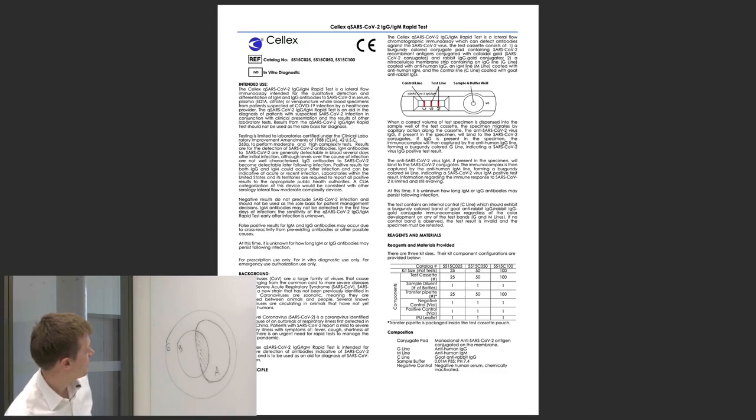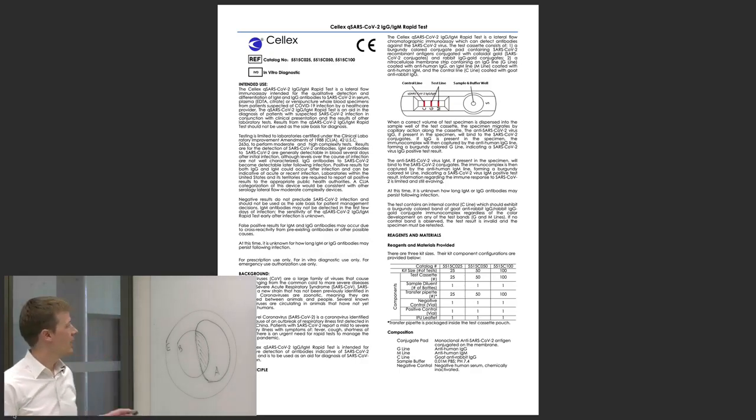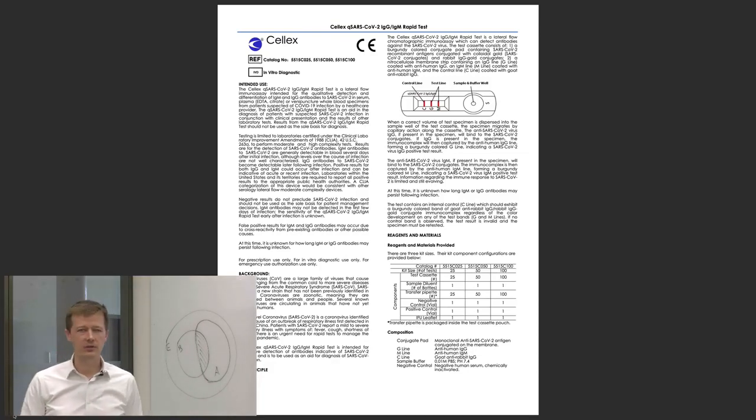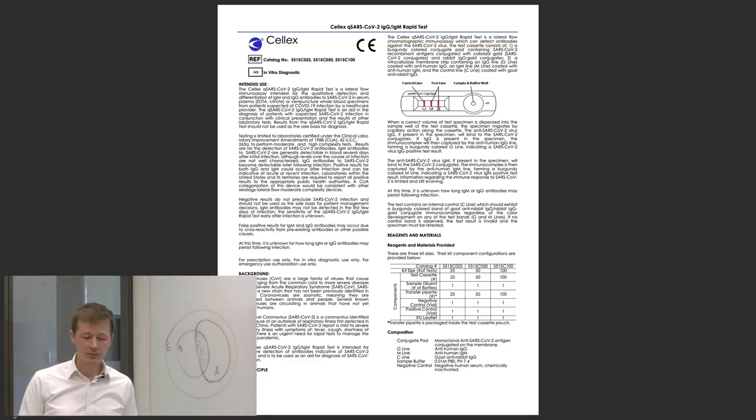I want to use an example that actually happened or is happening in real time just now. About a week ago, I think on the 6th of April, the US Food and Drug Administration, the federal FDA, provided an emergency permission to a company called Celex to introduce to the market an antibody test for the coronavirus disease COVID-19.